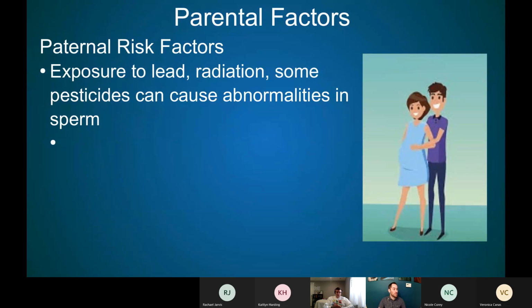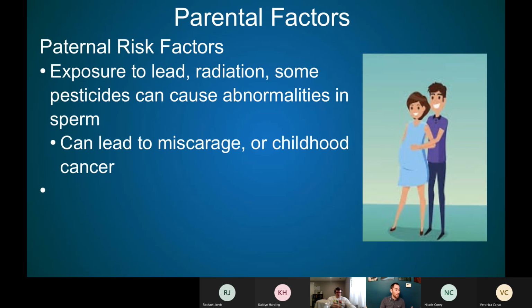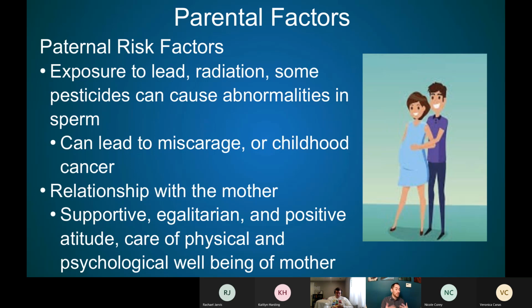Some other things like exposure to lead or radiation and some pesticides can cause abnormalities in sperm specifically. So it might lead to infertility and problems getting pregnant, and can also lead to miscarriage or childhood cancer. And then also the relationship with the mother is very important as well.